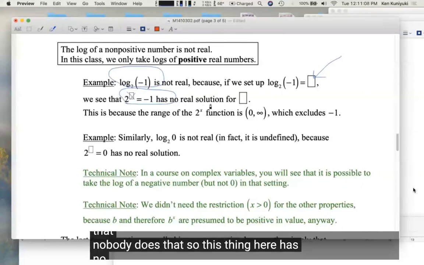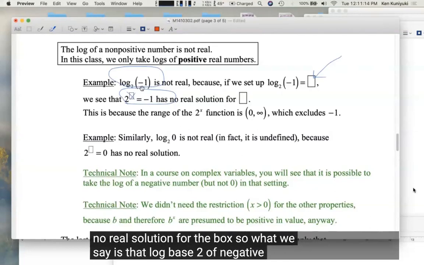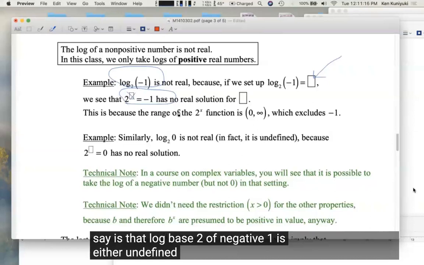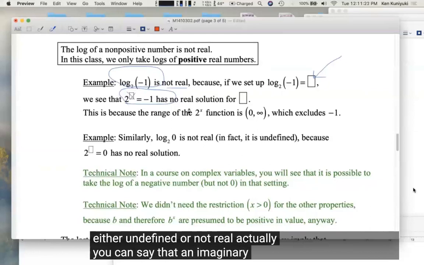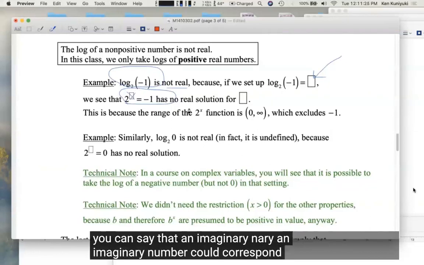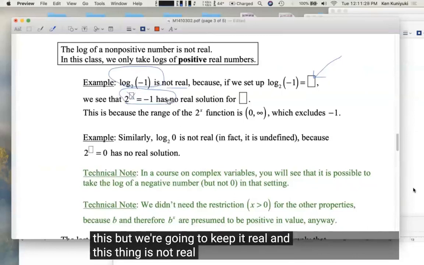So this has no real solution for the box. So we say that log base 2 of negative 1 is either undefined or not real. Actually, you could say that an imaginary number could correspond to this, but we're going to keep it real.